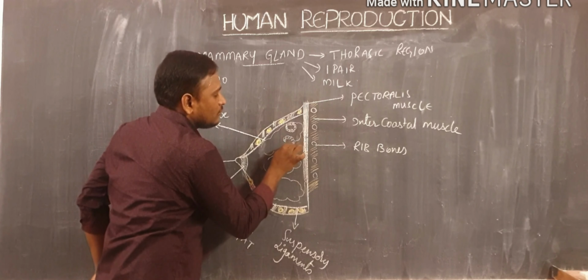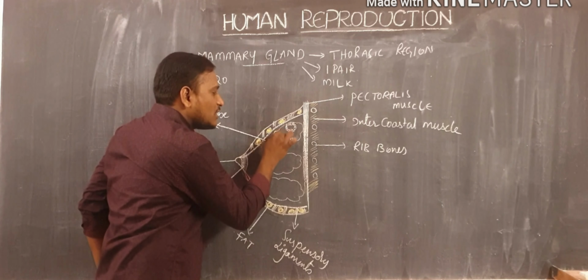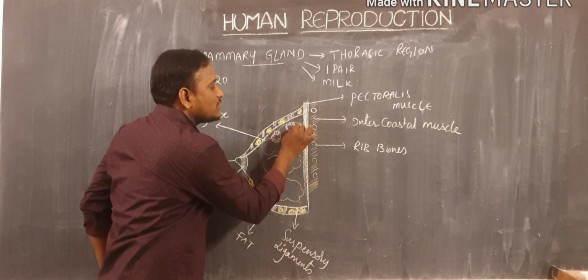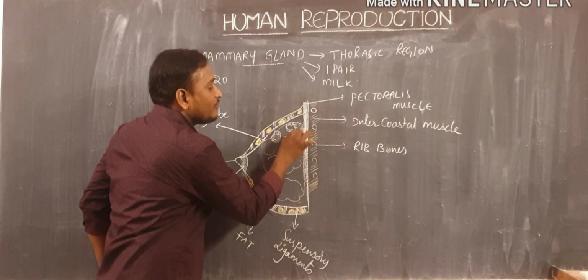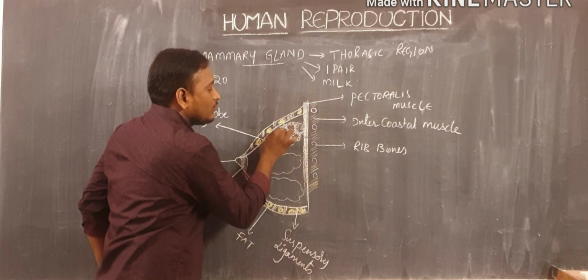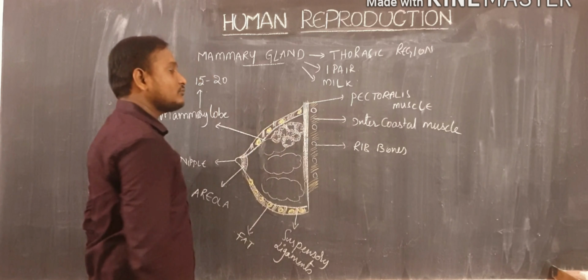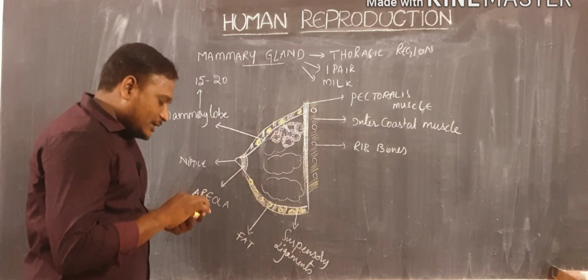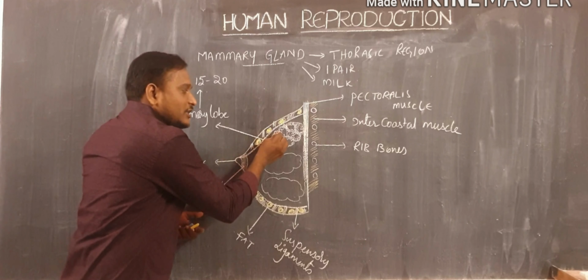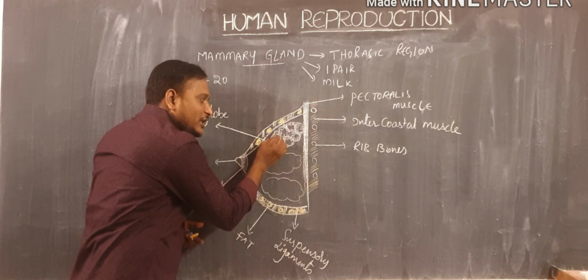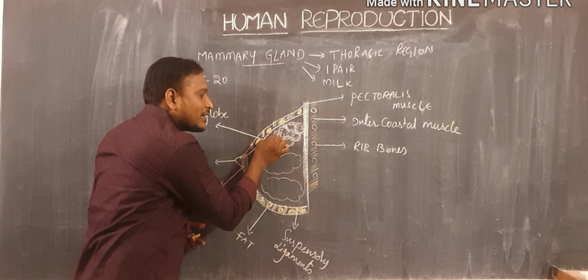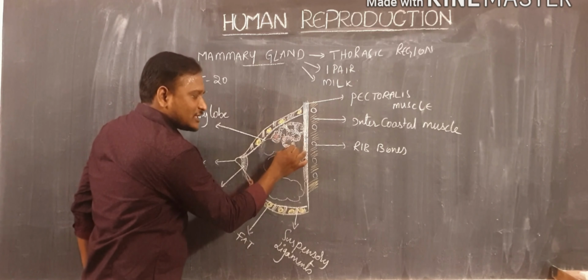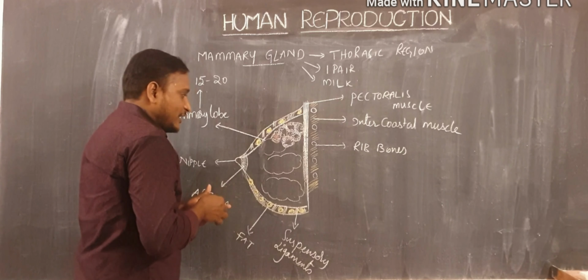That cluster of cells is also called alveoli. So this one cluster, this one cluster, this one cluster. These clusters of cells release milk into the alveolar cavity.